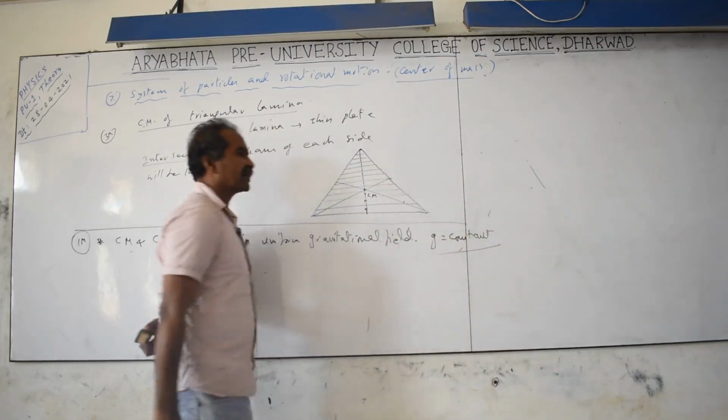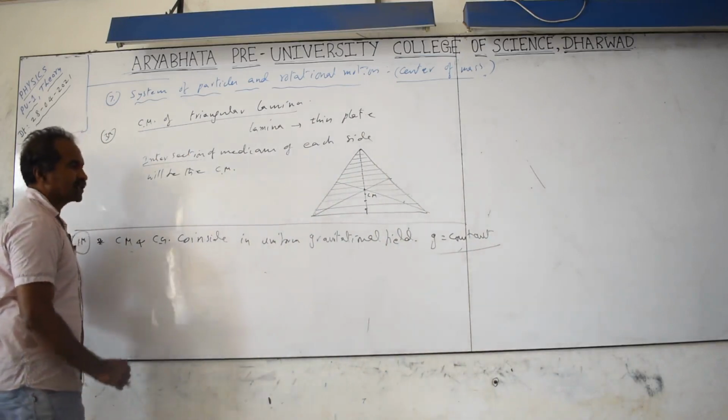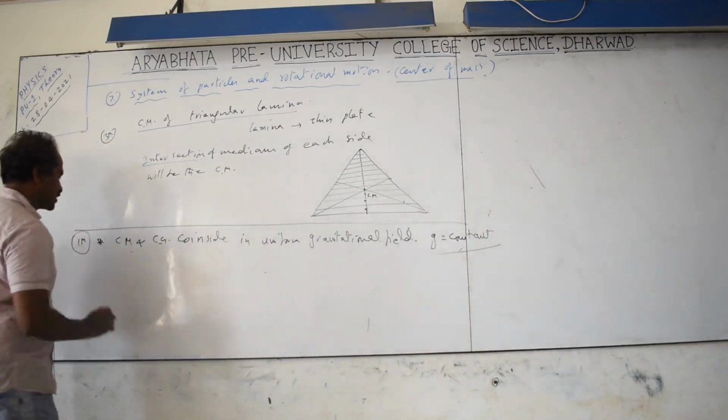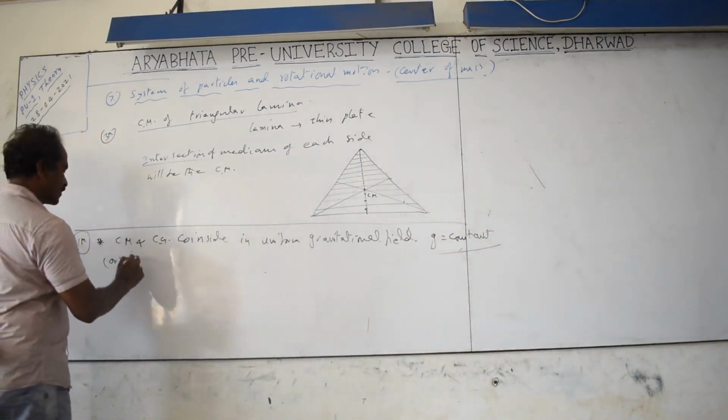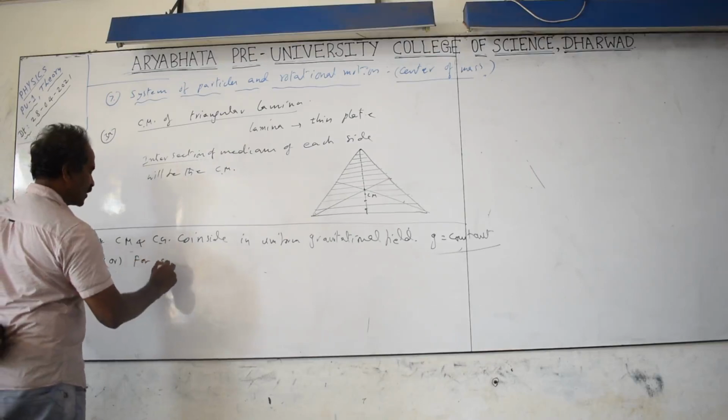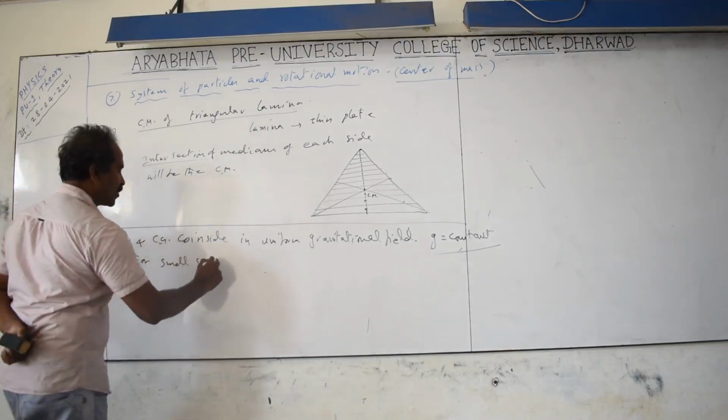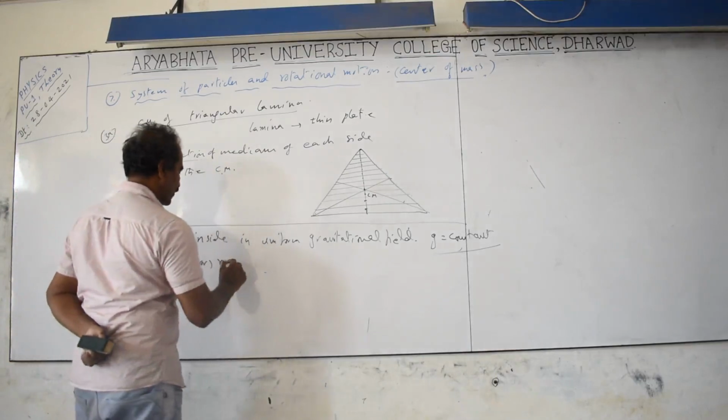Center of mass and center of gravity coincide in uniform gravitational fields. Uniform gravitational field means g equal to constant, when the acceleration due to gravity g is constant, or for small or non-extended objects.